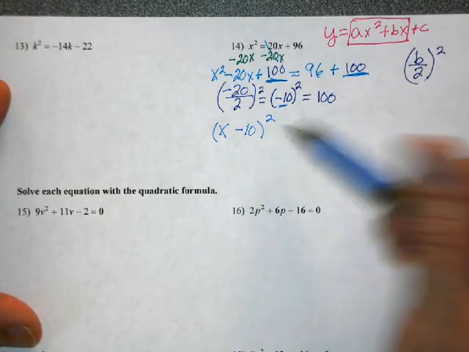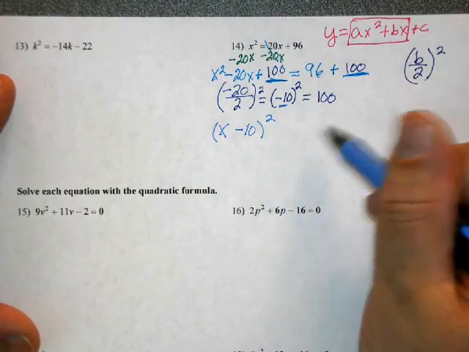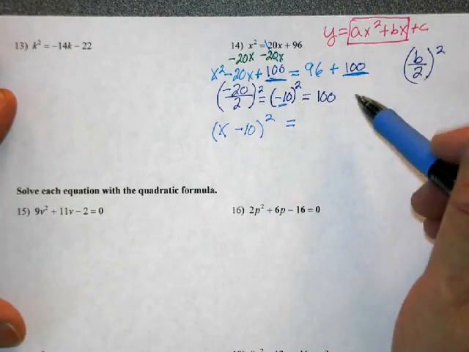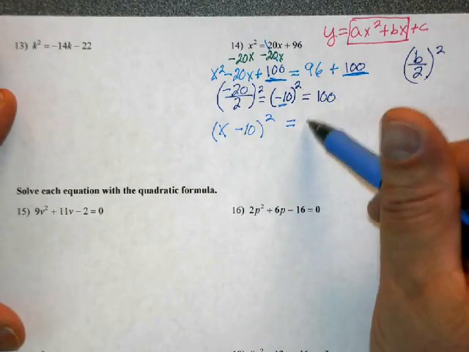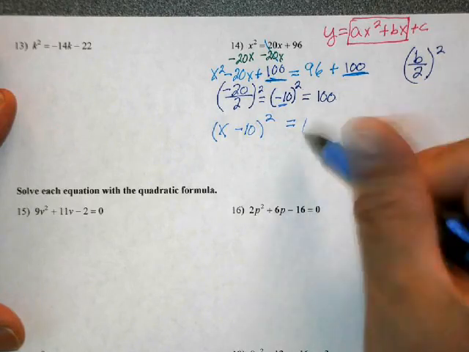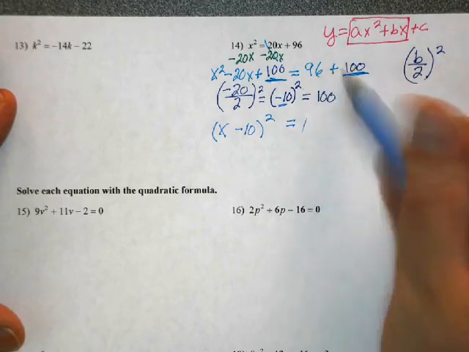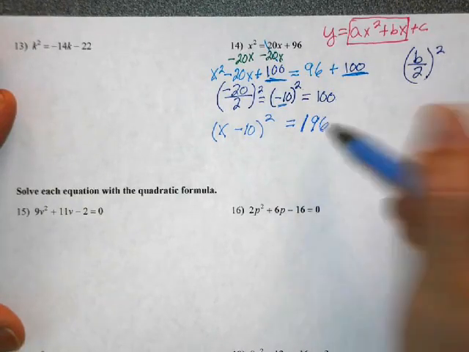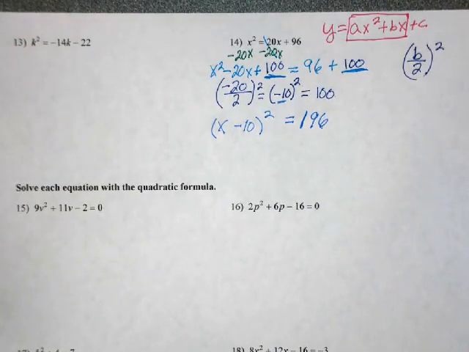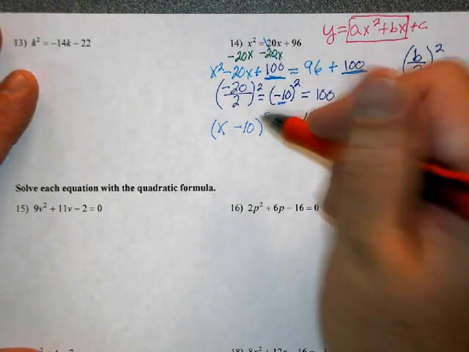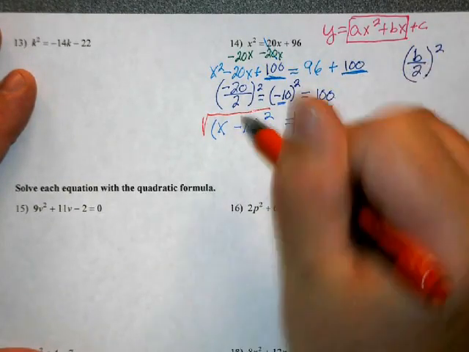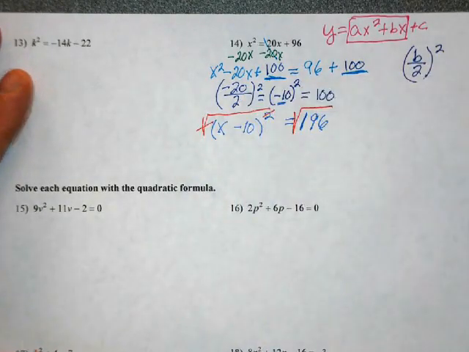A lot of times I forget: I'll just put the 100 there, but we're actually adding the 96 to that 100, so 196. Now I have to get rid of the power of 2 by taking the square root. Now I can drop my parentheses.